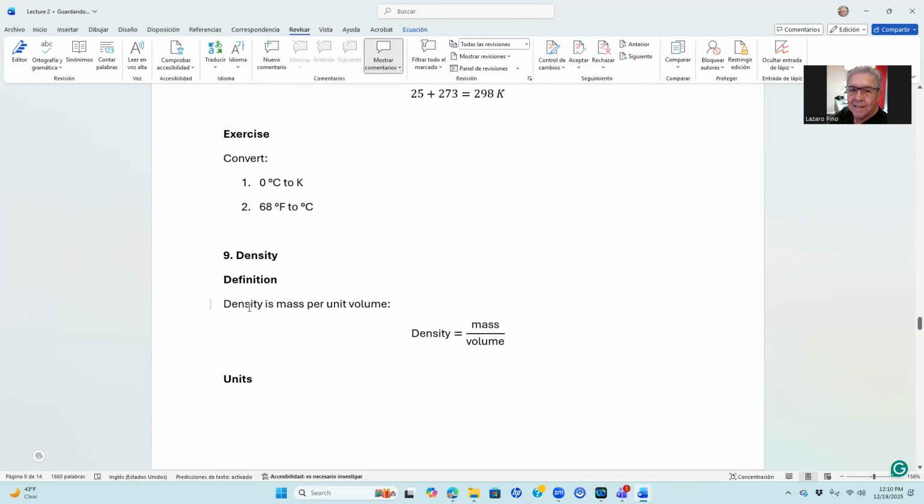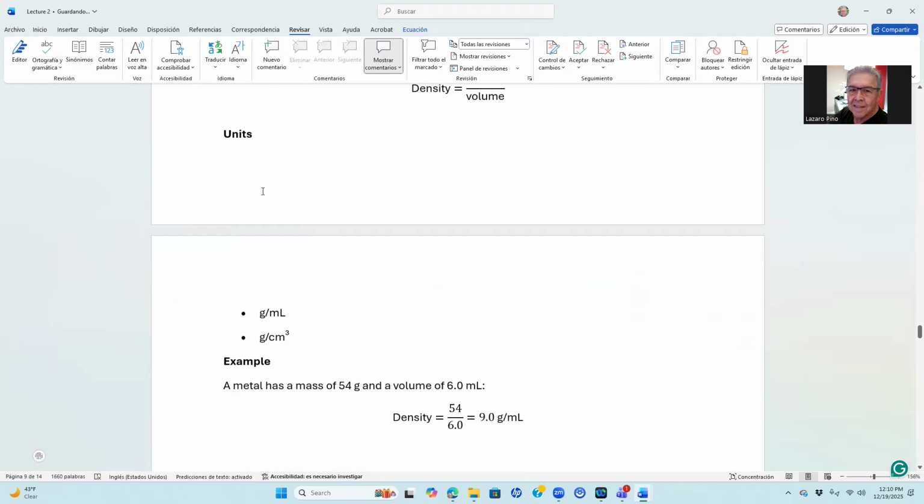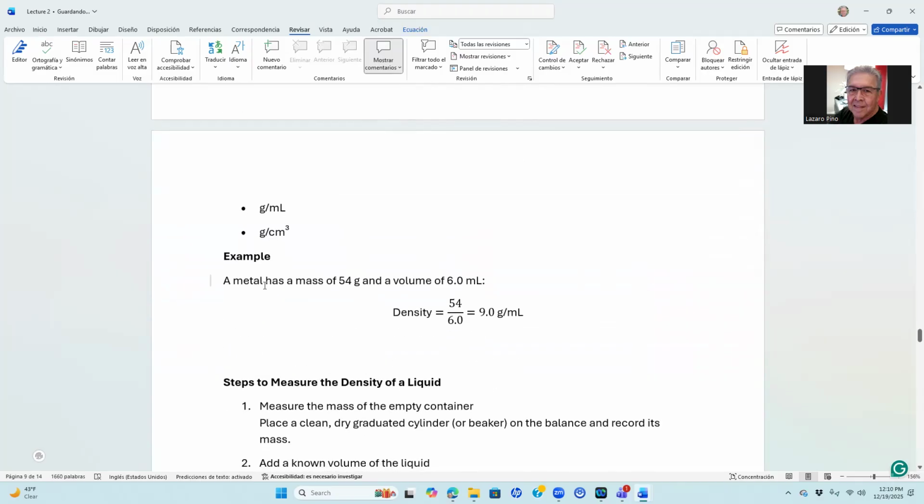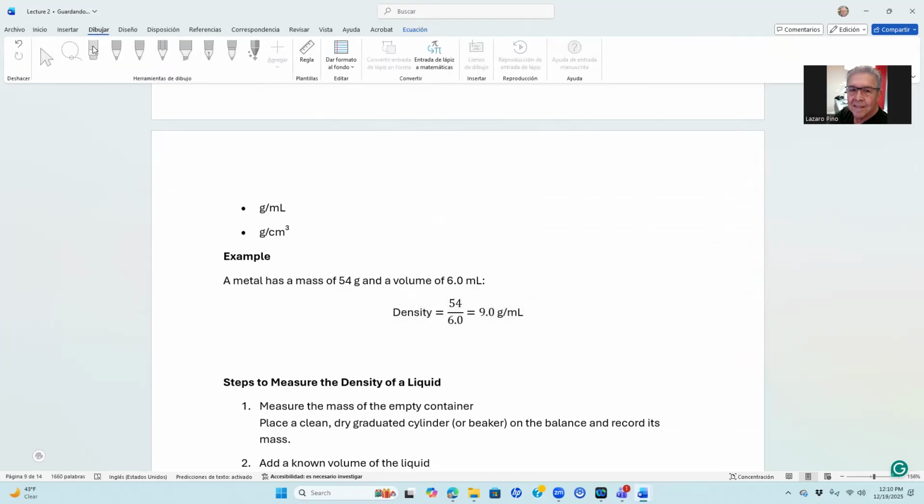Density, by definition, is the mass per unit of volume. And the units are grams per milliliter or grams per cubic centimeter. Example: a metal has a mass of 54 grams and a volume of 6.0 milliliters. So density is the mass divided by the volume, and the answer for this is this number that you see here, 9.0.